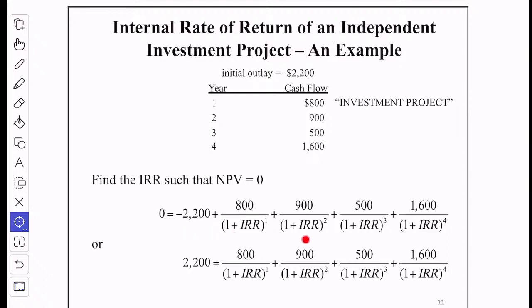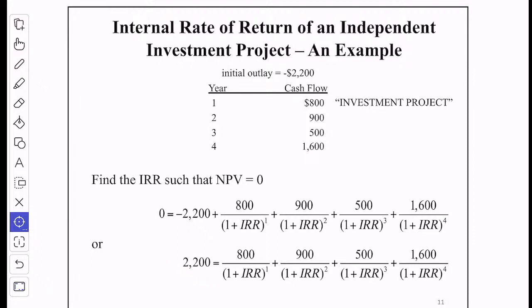So notice this looks just like NPV, but I put IRR in here. I could write it like this. I could also write it like this. And if you are using our calculator, this will be fine. If you are using Excel, I think this form of the equation is helpful.